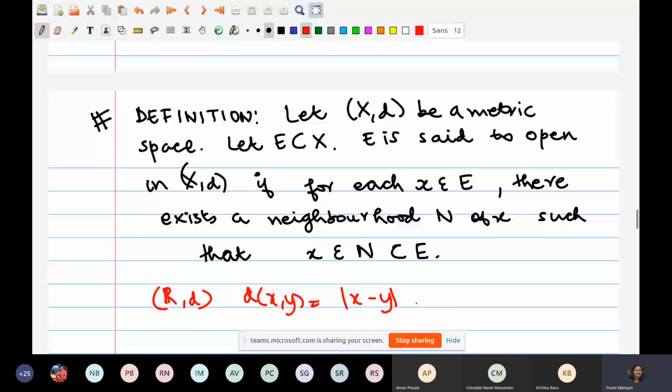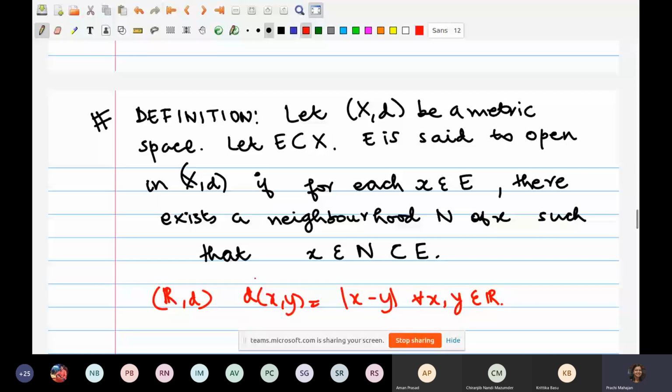Because if I consider the same set with a different metric, for example another metric d1 on the set of real numbers, and if E subset of X is open in (R, d), that does not imply that E is open in (R, d1). The property of being open depends on which metric I am talking about.